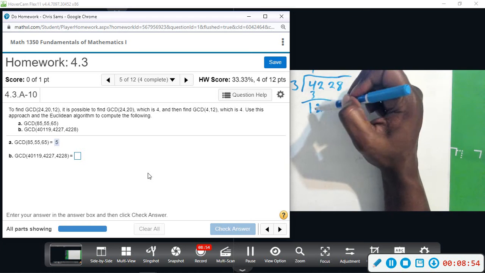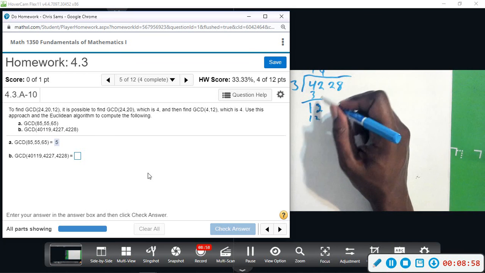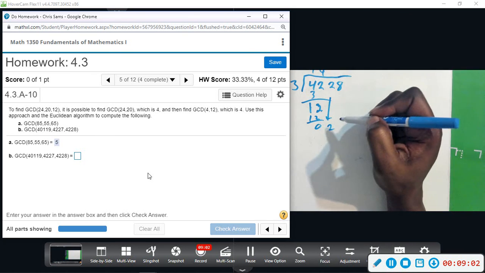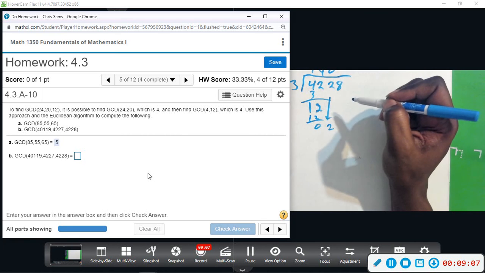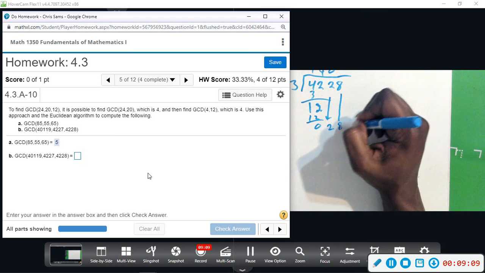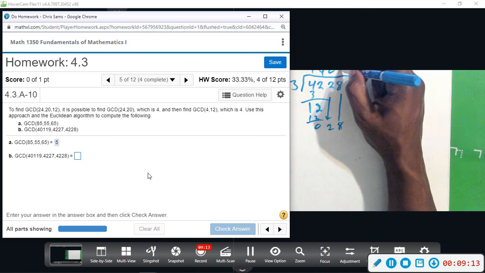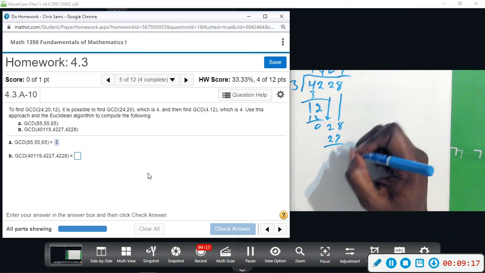Bring down your 2. 3 goes into 12 4 times. 3 times 4 is 12. So we get 0 here. Bring down the 2. And 3 goes into 2 0 times. Bring down the 8. 3 goes into 28 9 times. 3 times 9 is 27. Have a remainder of 1.